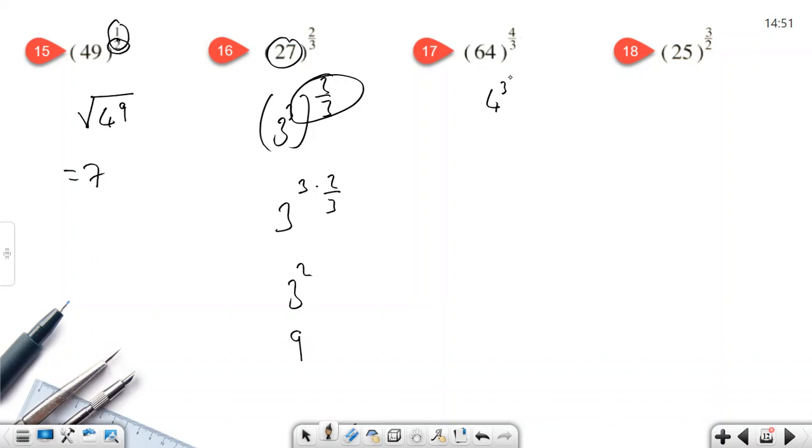64 is 4 cube, power 4 over 3, and 4 power of 3 times 4 over 3, 3 divided by 3, 1, 4 to the power of 4. 4 times 4, 16, 16 times 16... I hope I didn't make any mistake here.